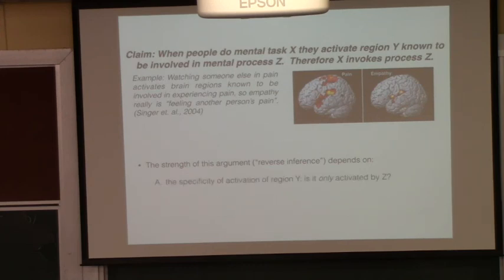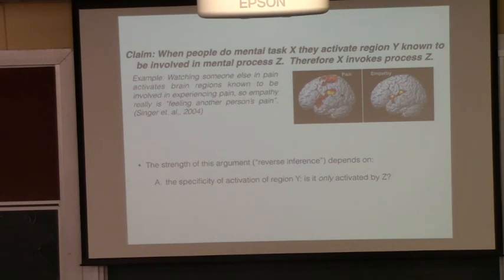So the better way to have done this experiment is to go towards converging evidence. Okay? So one thing that could have been done that would have been more convincing would be to have people look at these empathetic situations, looking at other people getting hurt, activate this area of temporal gyrus insula, and also have them experience physical pain, and see if the same brain regions are activated when they experience pain itself and when they see people experience pain, or are looking at pictures of their previous romantic partners, right?